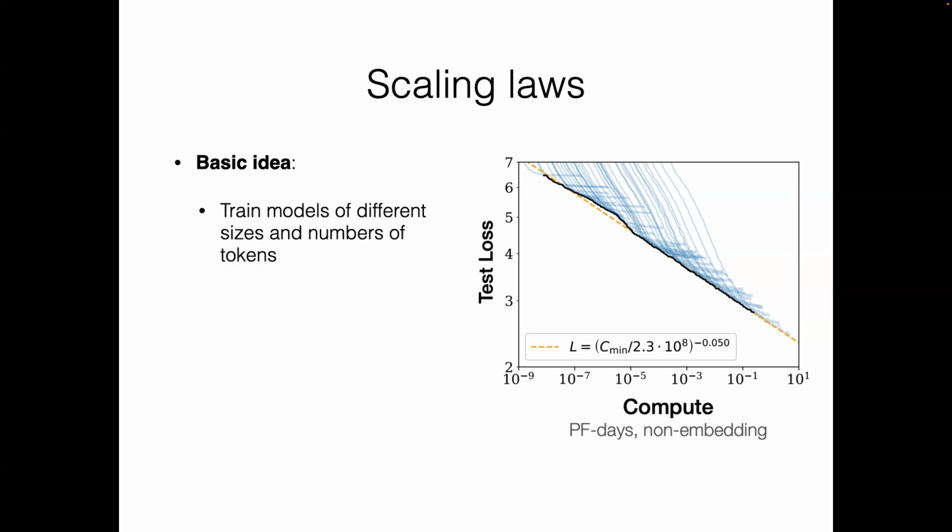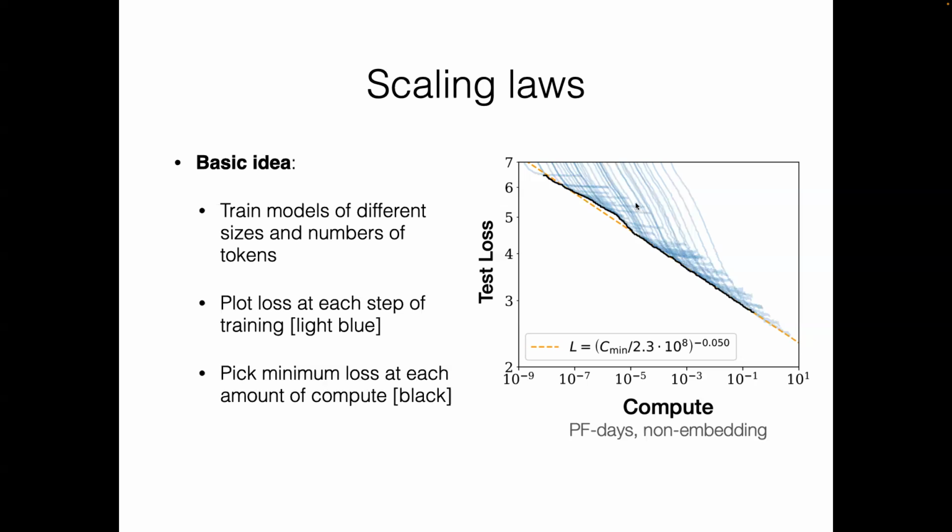And so the basic idea here is, again, what they did is train a variety of models on different numbers of tokens, and then just plot the loss function of each model here in blue. And so then some models for a given amount of compute will be worse than others. So certainly there are good ways of spending compute and bad ways of spending compute.